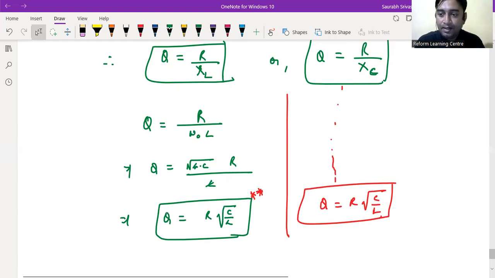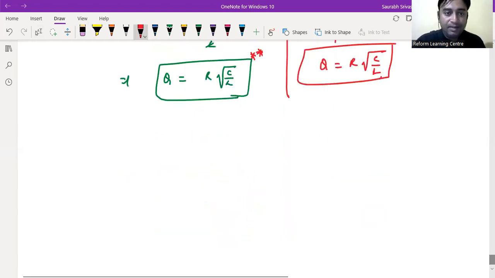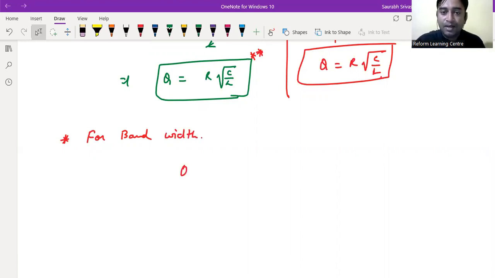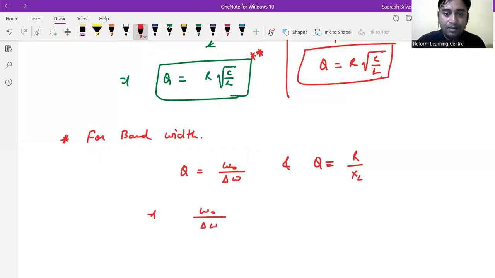Here again for bandwidth, yes, Q is equal to omega naught upon delta omega, and Q is equal to R upon XL. ये दोनों इक्वल हो जाएंगे. Therefore, omega naught upon delta omega is nothing but R upon omega naught L. Cross multiplication.